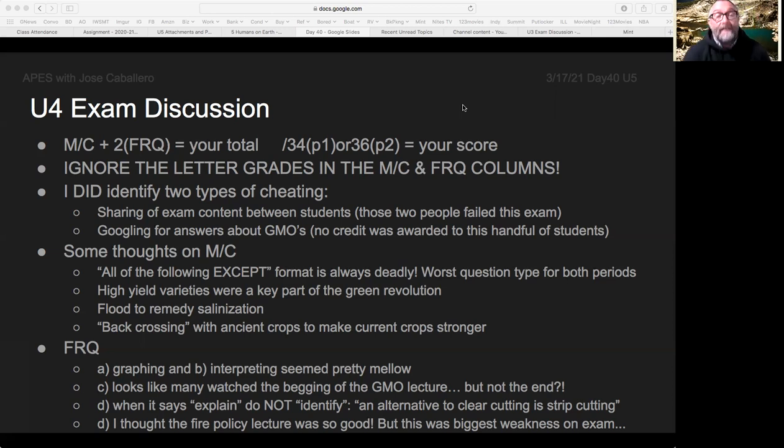In part D, there was a really unfortunate formatting issue that I have to remind you about. We've been through this many times as a class, or at least I always tell myself on the screen. Be careful what the action word says. So to explain an alternative to clear cutting is not to say the word of an alternative to clear cutting.